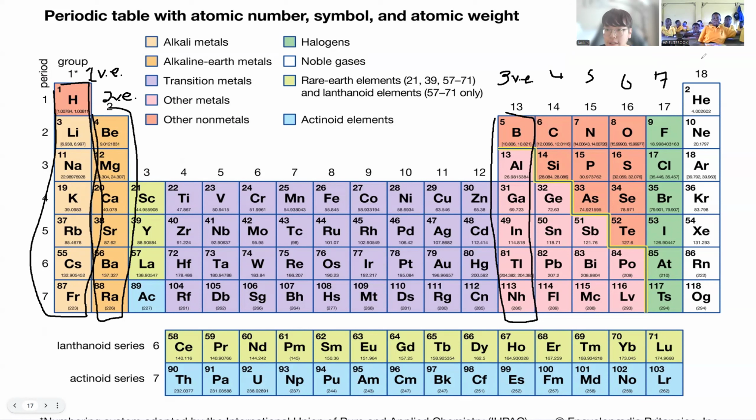And at the end, it has 8 valence electrons. We don't need to memorize the periodic table. I think it should be given out. If it's not, then maybe get familiar with this view. But just remember that valence electrons are determined by the columns in the periodic table.